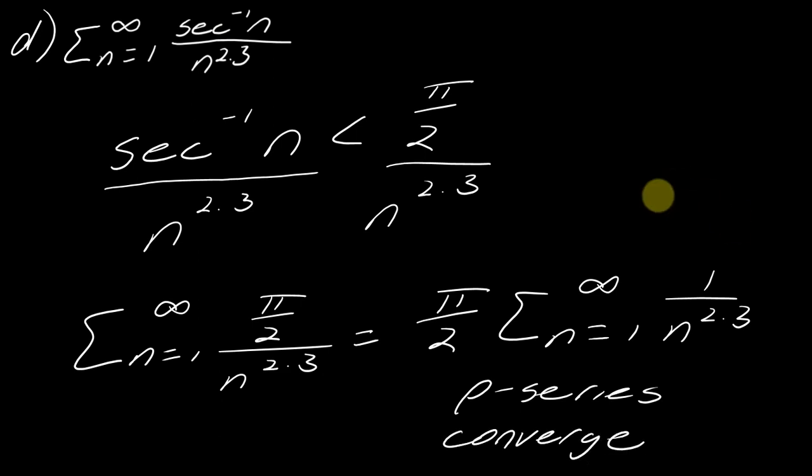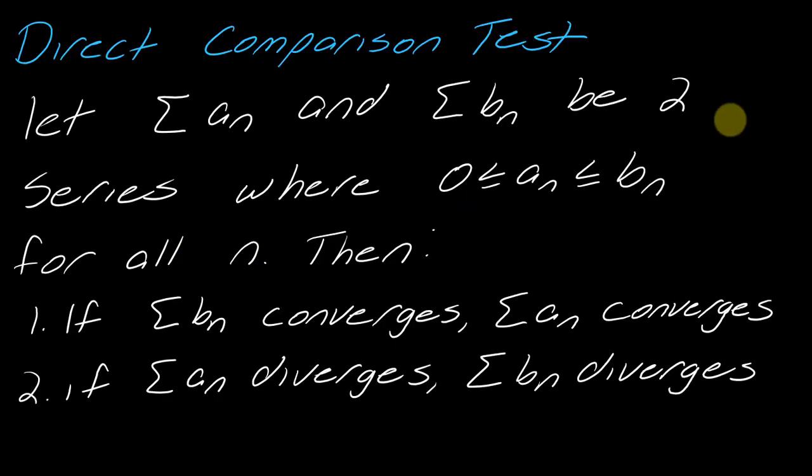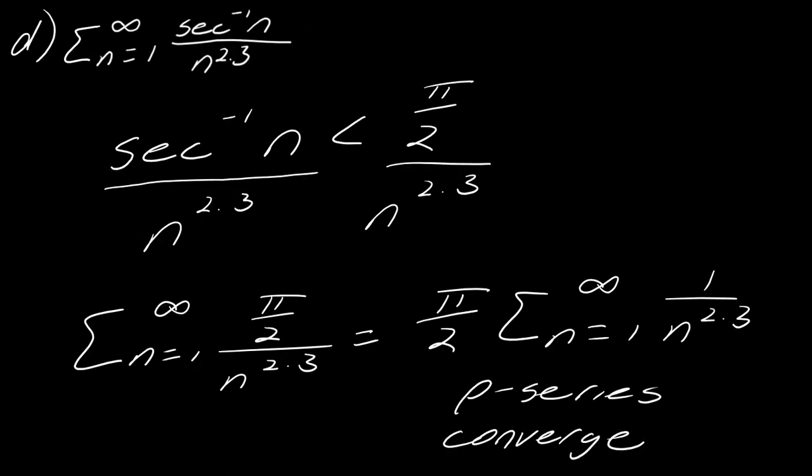Now I've got this relationship here, and remember, going back to the direct comparison test one more time, the larger series we know converges, therefore the smaller series will converge. That's the relationship I just maintained, and so now I can say that this converges.